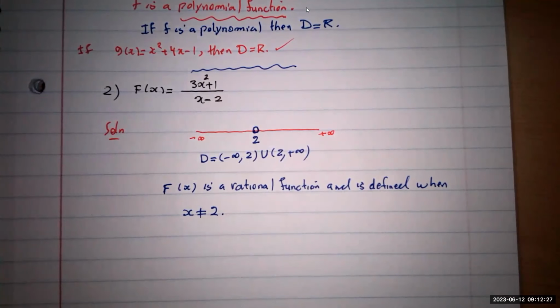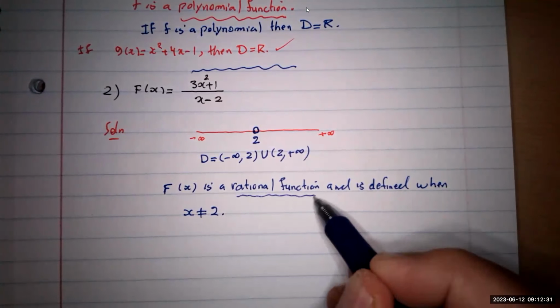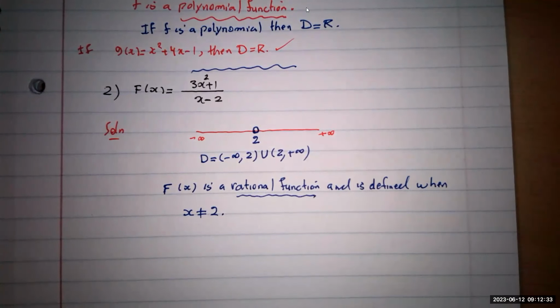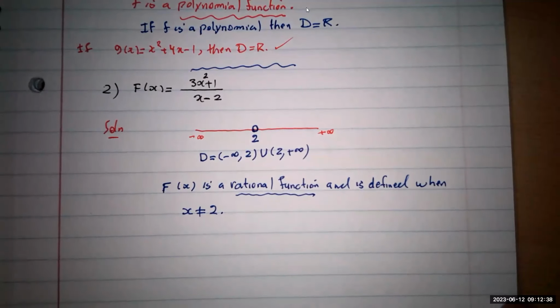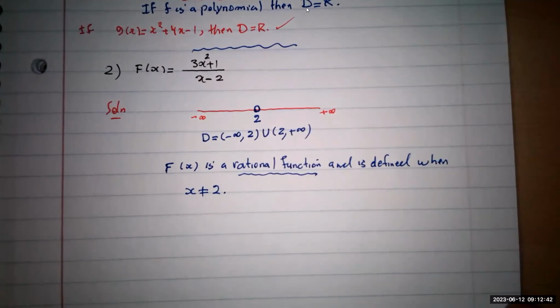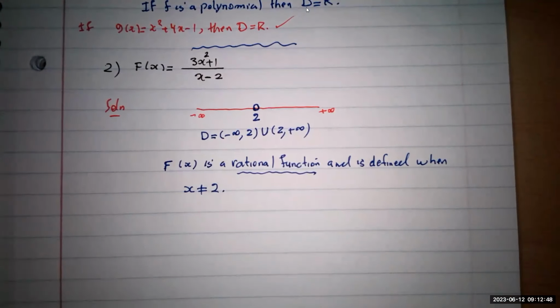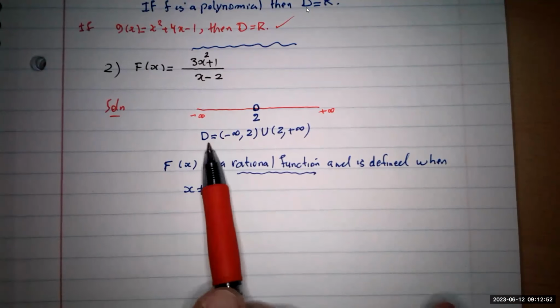Any question? So this is going to be our first type of rational function. As soon as we see division, that's a red flag. For division, you cannot have the denominator equal to 0 because that doesn't make sense. So you have to exclude the values of x that make the denominator equal to 0. I prefer this notation.